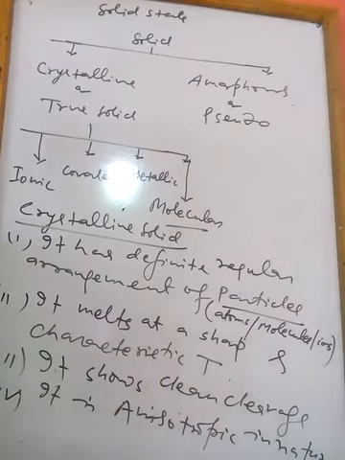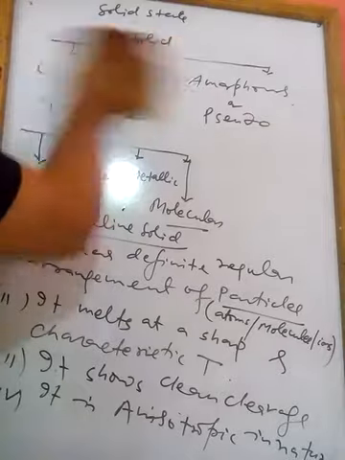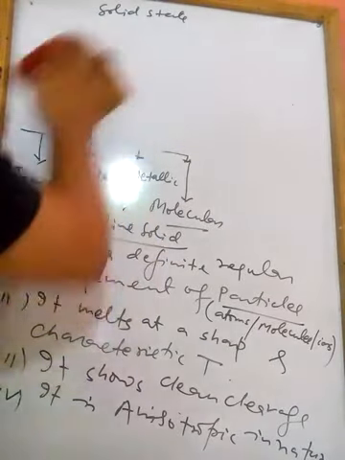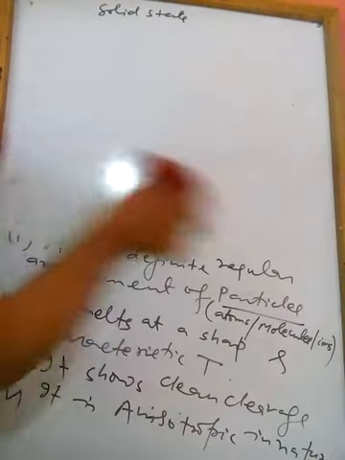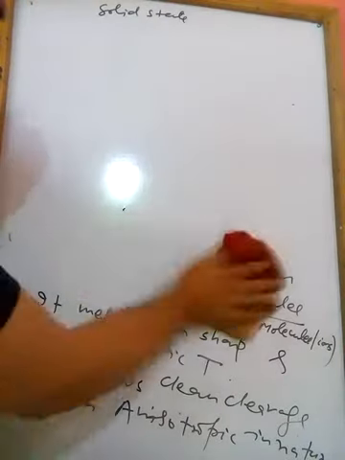Anisotropic means different physical constants in different directions. So all crystalline solids are anisotropic in nature. Anisotropy in crystal is due to different arrangement of particles along different directions.